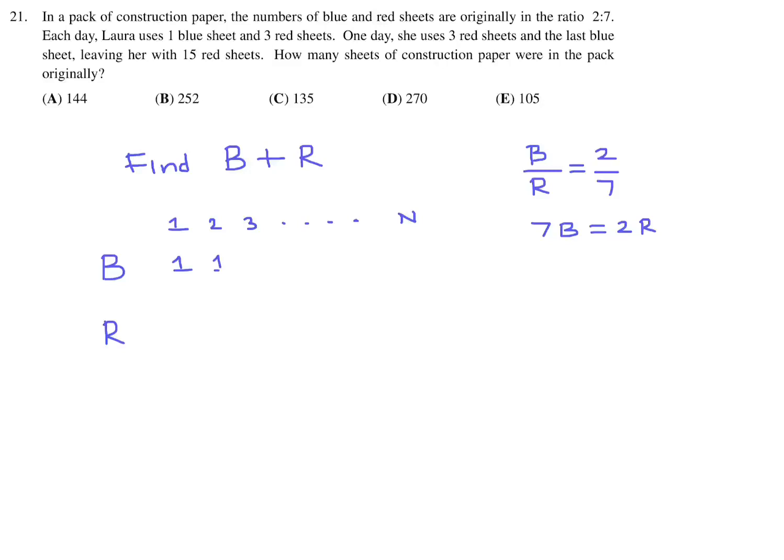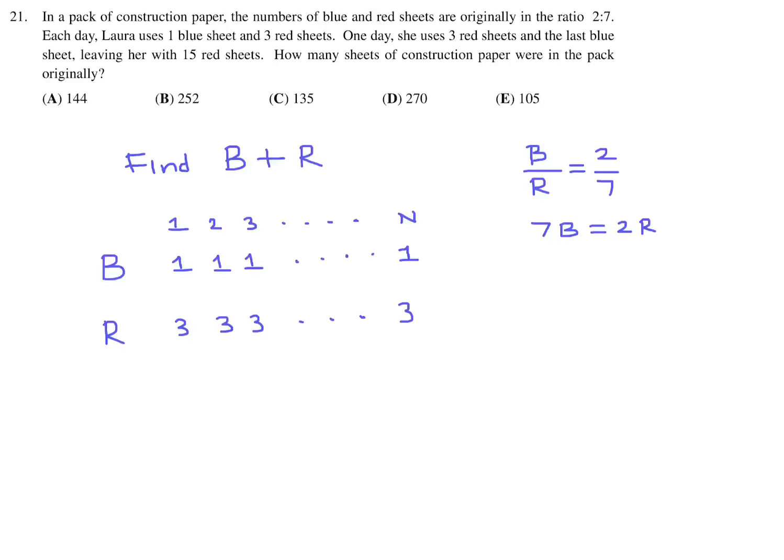So every day you're going to subtract 1. Correct? All the way down to the nth final day. And similarly, every day she uses 3 red sheets. So you're going to take away 3 from the pack for red all the way down to the last day, which of course you would take away 3 as well.